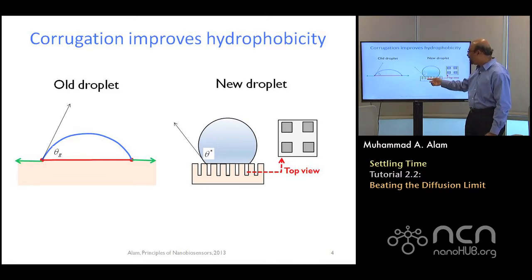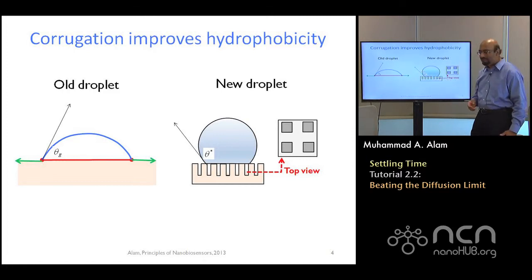You want to reduce it, and you draw a set of holes, and then that weakens the interaction between the solid and the liquid, pulls things in, and the new angle is theta prime. And the question we asked was, what should the periodicity of these things be in order that you reach a certain theta prime, a certain contact angle? How do you do that?